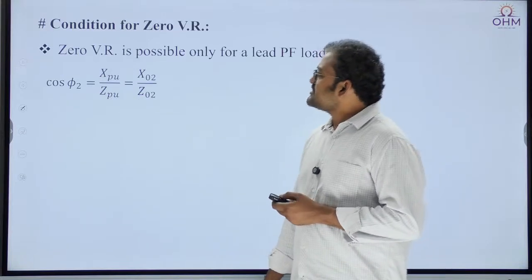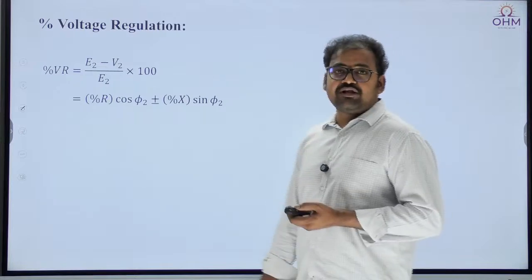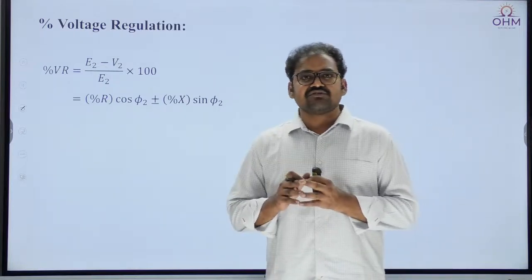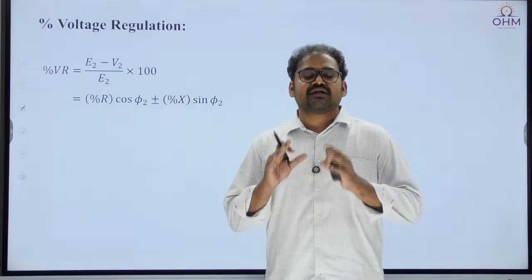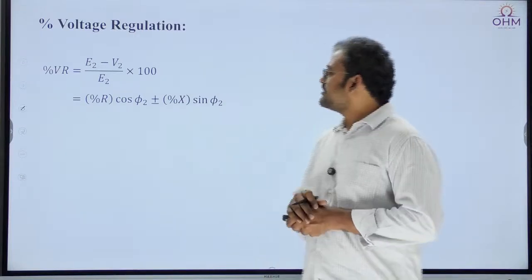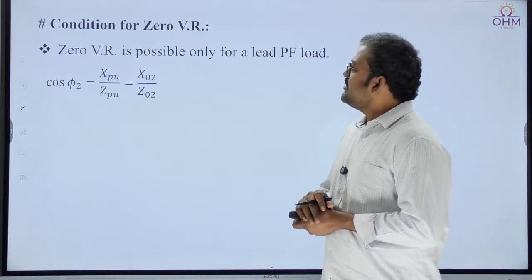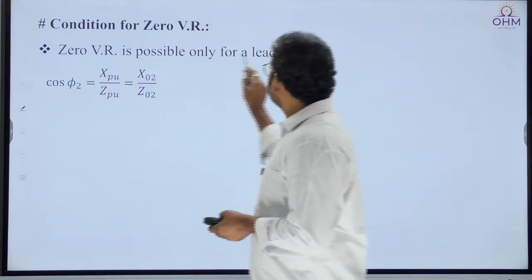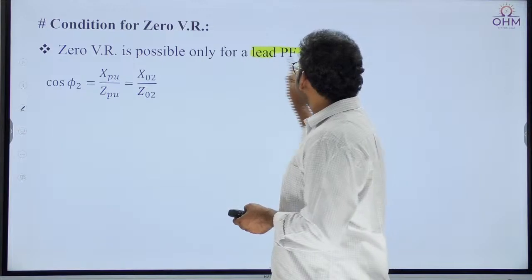Now, two important conditions we have to study in voltage regulation: the condition for zero voltage regulation and the condition for maximum voltage regulation. The important thing is zero voltage regulation is possible only for a leading power factor load.